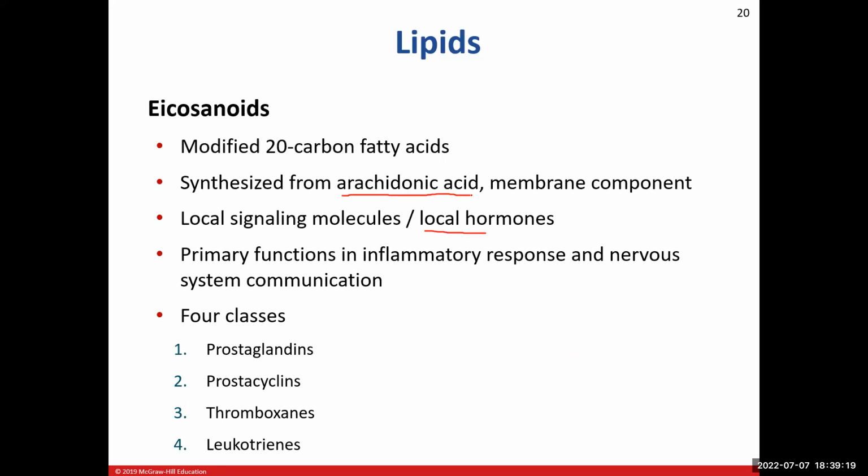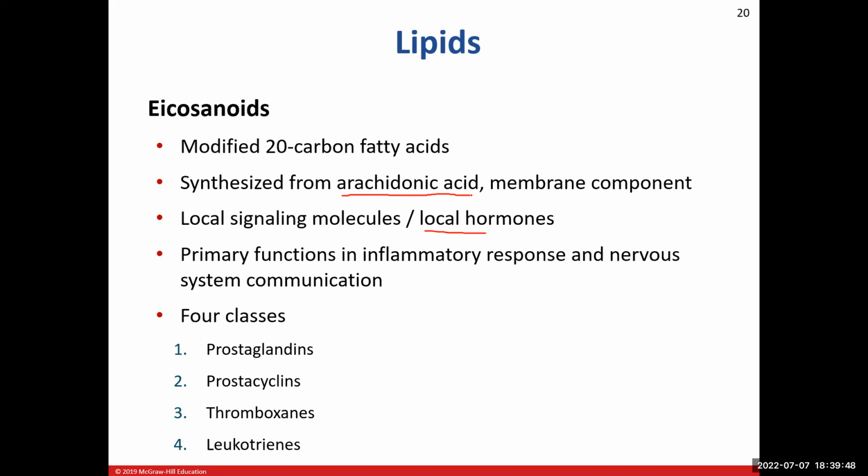So if you damage that plasma membrane, then arachidonic acid starts to undergo a chemical reaction cascade. We call it the inflammatory cascade, and it's a series of chemical reactions. These chemical reactions are going to yield us these different classes of eicosanoids, listed below here.